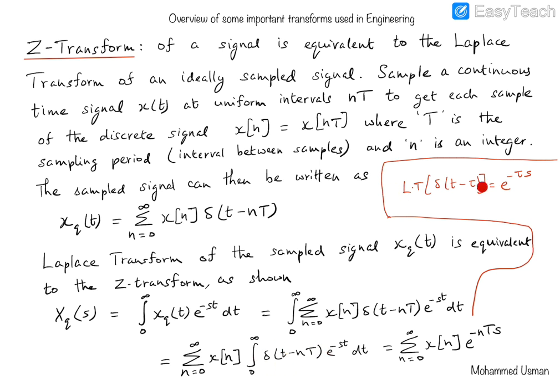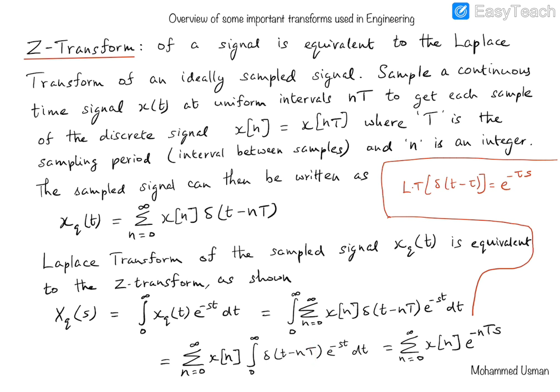The Laplace transform of a shifted delta is e power minus tau s, where the shift is tau. Instead of tau, we have nT here, so we get e power minus nTs, which is the Laplace transform of the function delta of t minus nT.